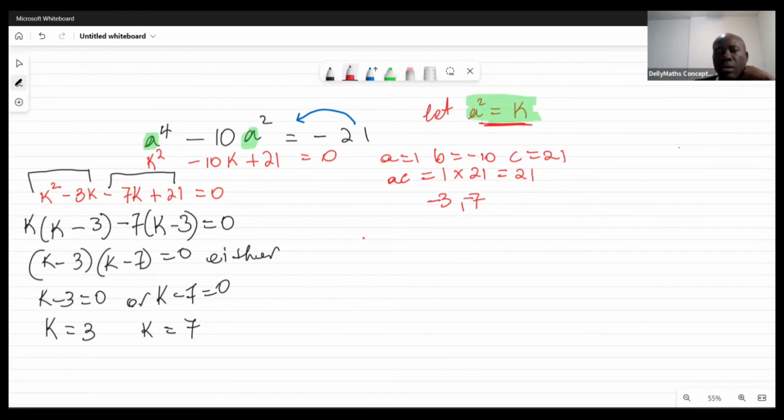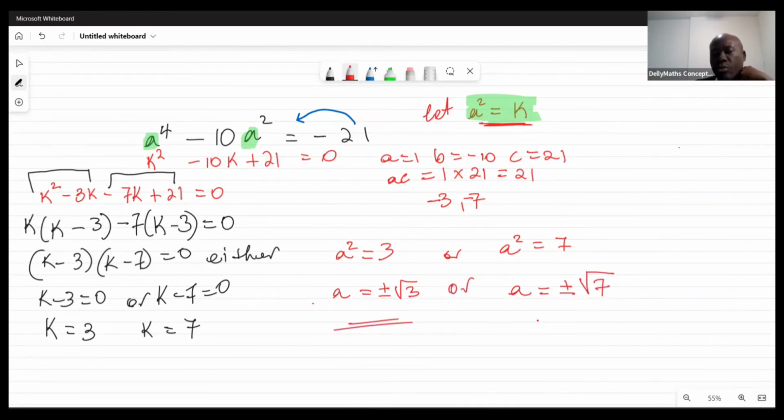Now at this time, I'm going to substitute back a squared for k. So I can now say a squared is equal to 3, or a squared is equal to 7. Let's find the values. We take the square root. But remember that when we take the square root of a number, it's going to be a plus or a minus root 3. And then for this, a is going to be a plus or a minus root 7. These are our answers.